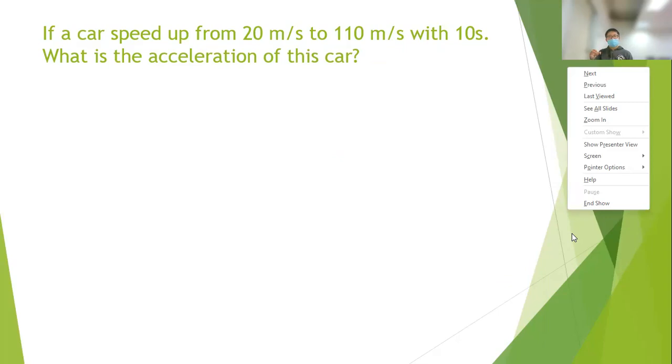Some questions may have kilometers per hour, but all of my questions use meters per second. So you don't need to change the unit into km per hour. We all use meters per second, and seconds also don't need to change because it's standard.